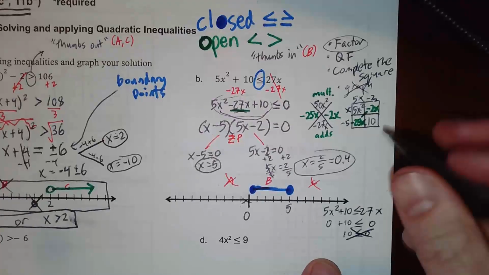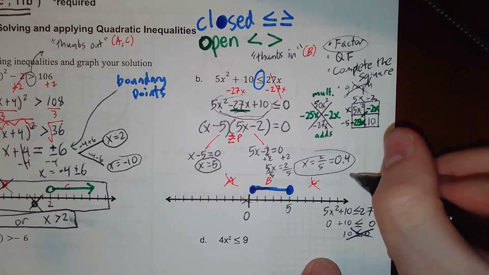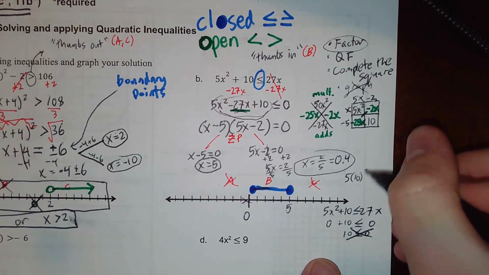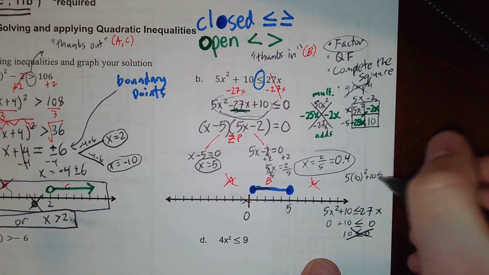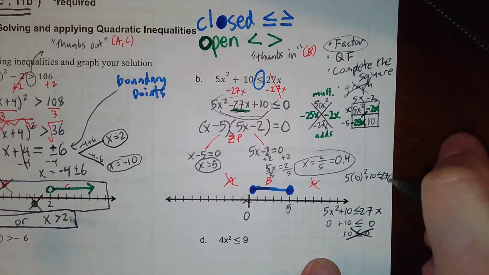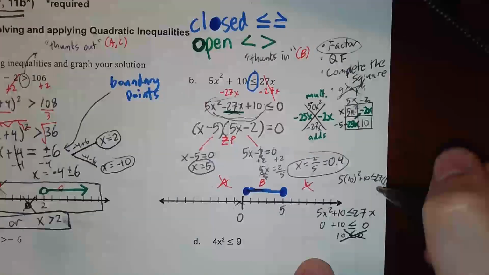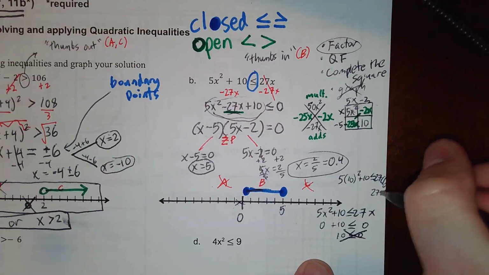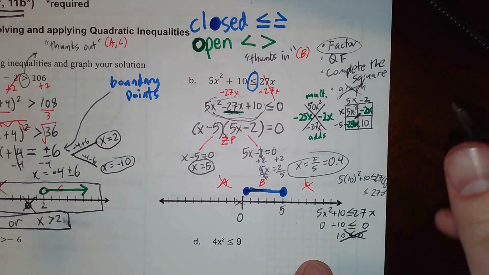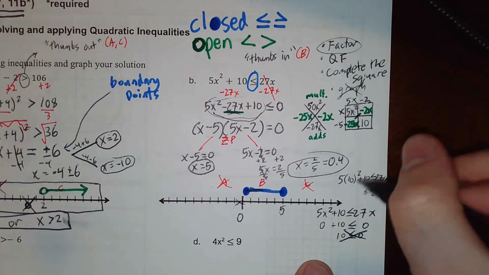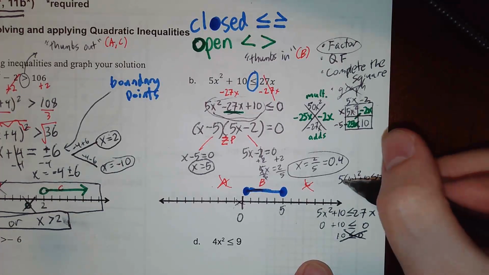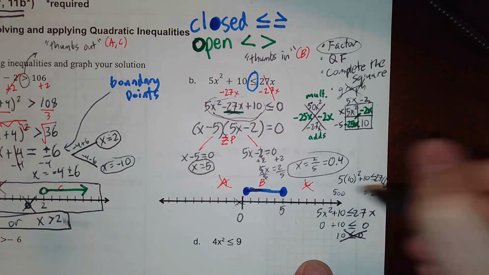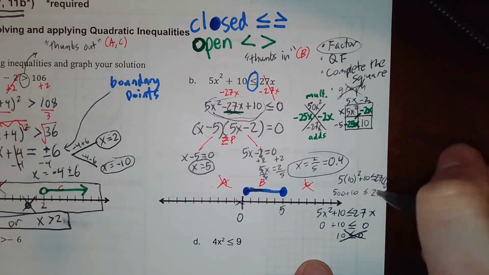We can also plug in a number like 10. If we plug in the number 10, 27 times 10 is going to be 270. And if I do this, this would actually be 10 squared is 100. 100 times 5 is 500. And 500 plus 10, is that less than 270?